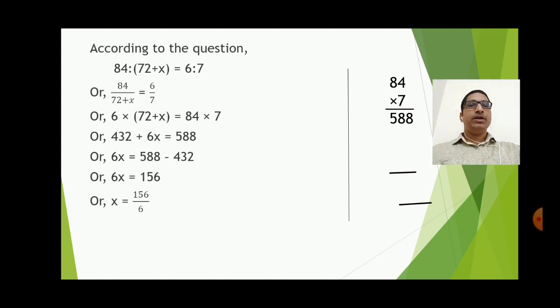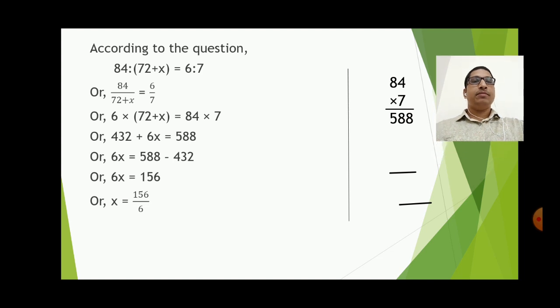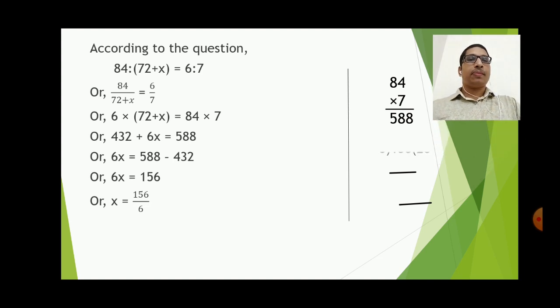Now we will divide 156 by 6. Here we will take 2 digits from the left. If we take 2 digits, then it will be 15. How many times can we take 6 in 15? 2 times. If we take 2 times, it will be 12. Now if we subtract, then it will be 3, and write down the 6 here, 36.